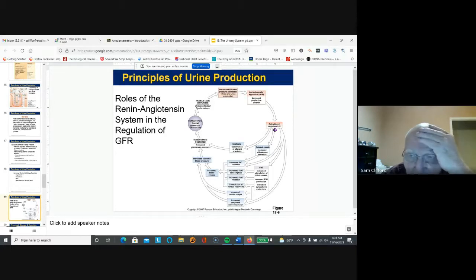COVID virus interacts with the receptors for angiotensin 2 in the lungs. So this angiotensin 2 is going to constrict the efferent arterioles so that the pressure will go up in the glomerulus. It's going to have the adrenal glands release aldosterone.